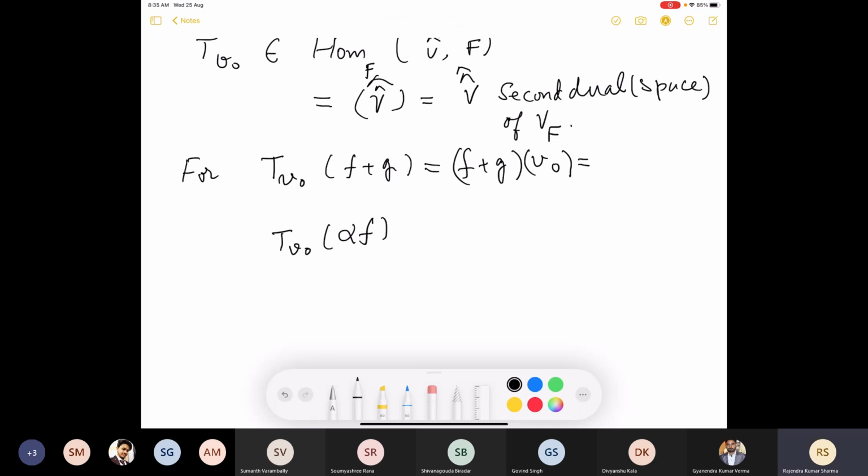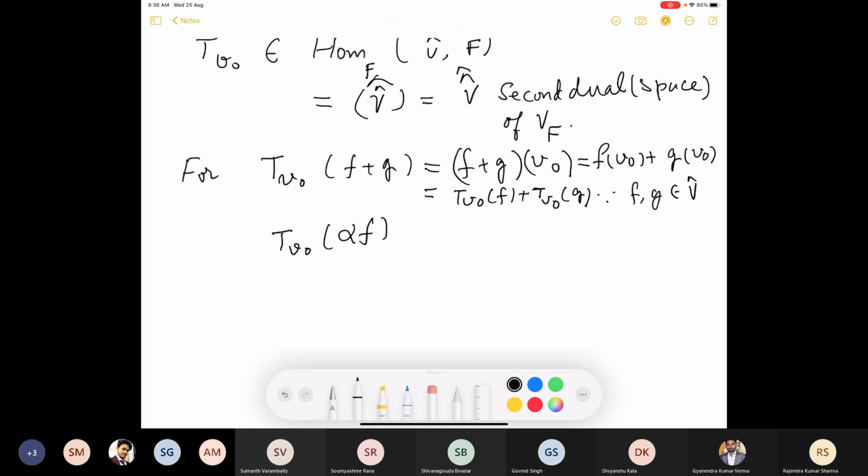Now, f and g, they are homomorphisms. And the sum of two homomorphisms, if you remember, it has been defined that this is f of v0 plus g of v0. The T1 plus T2 acting on v, T1v plus T2v. So this is because of this. Now this is same as T_v0 of f plus T_v0 of g. And that is for every f and g.